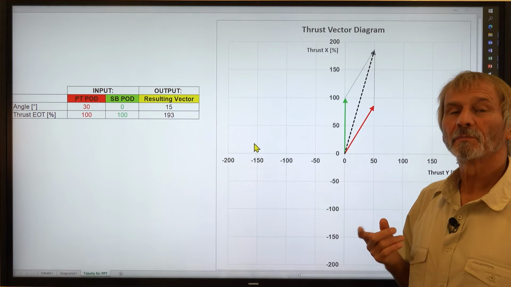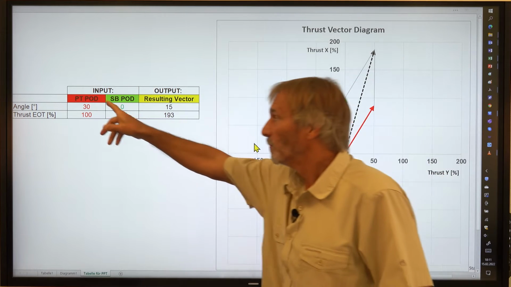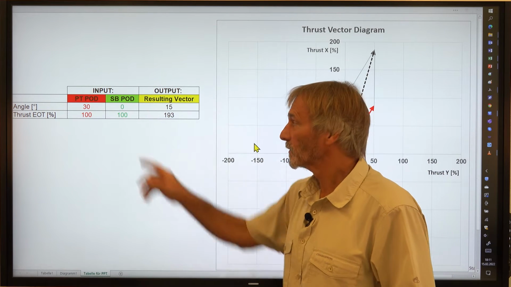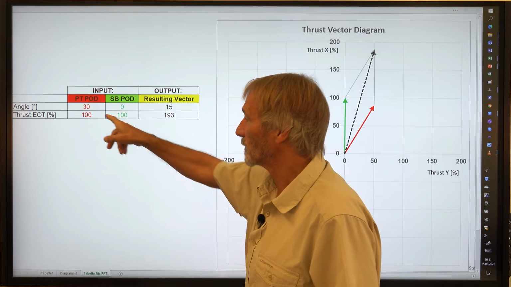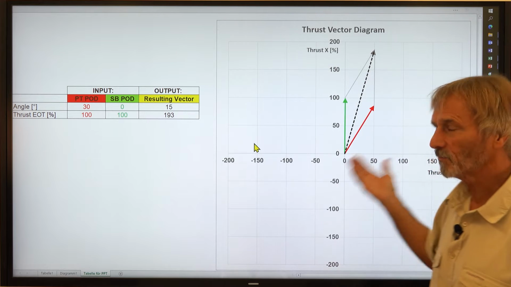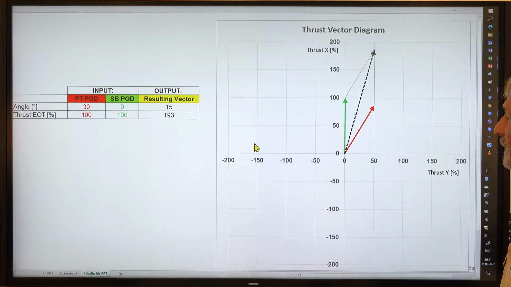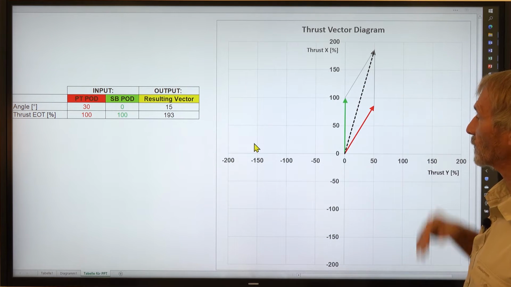Now we'll show some typical configurations of the port and starboard pod angles here, and this is the thrust. I will leave this thrust at 100% so that you can better see what happens. And I will change some of these configurations and you will see the outcome here.